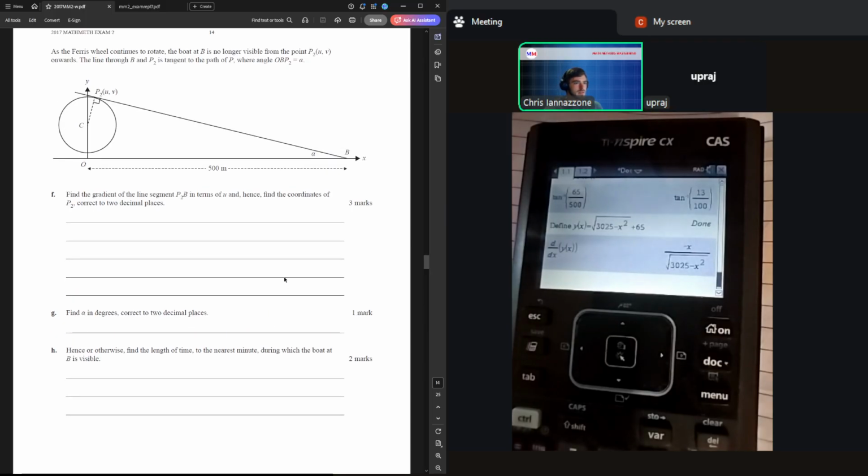But okay, at some point it becomes no longer visible, or the boat rather becomes no longer visible.